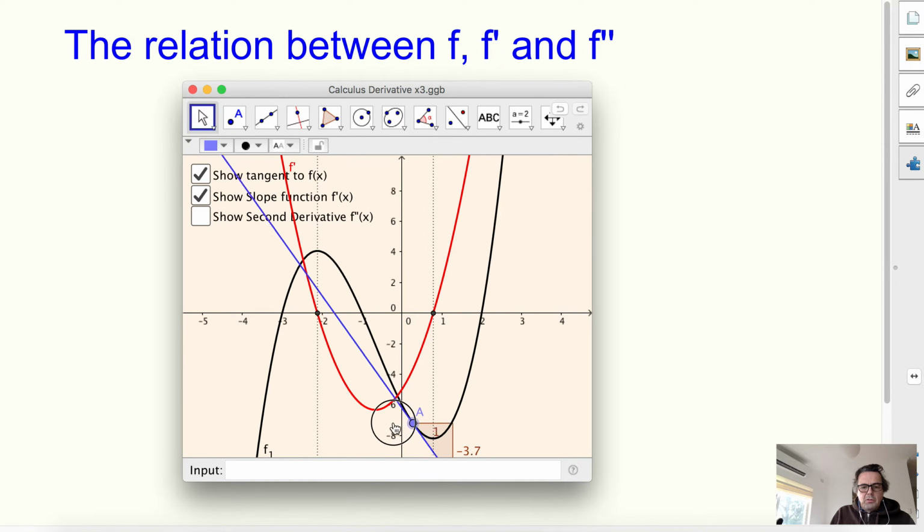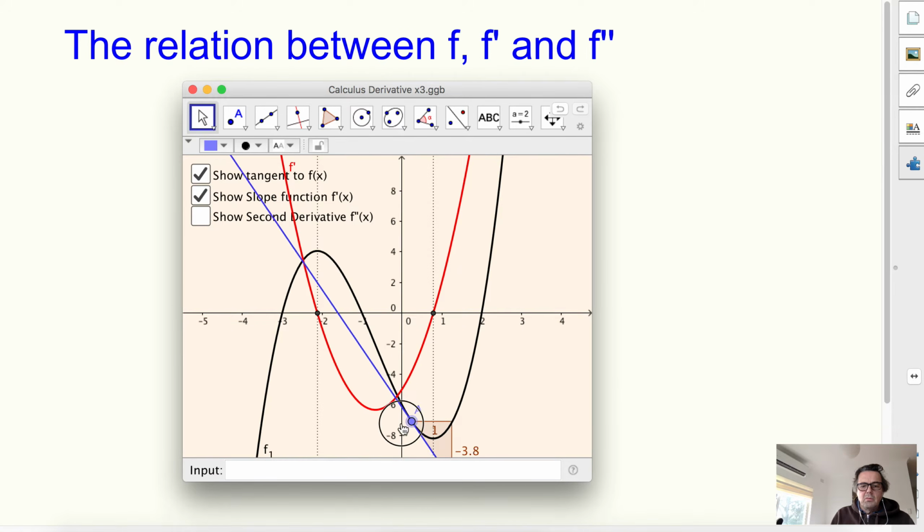Let's have a look at some interesting points. Here, where the tangent to the original function is 0, the slope of the tangent, there of course the value for the quadratic is 0. The value of the derivative is 0 because it is the slope of the tangent, 0.